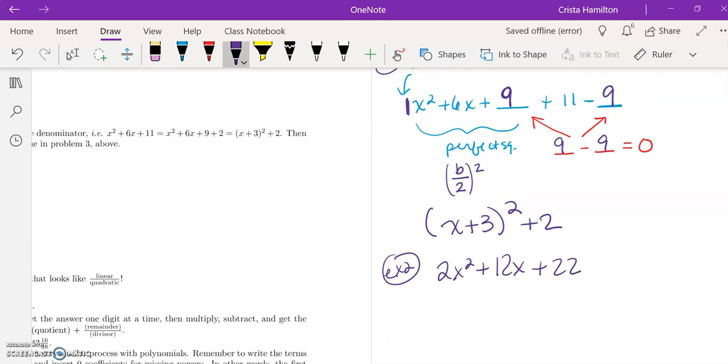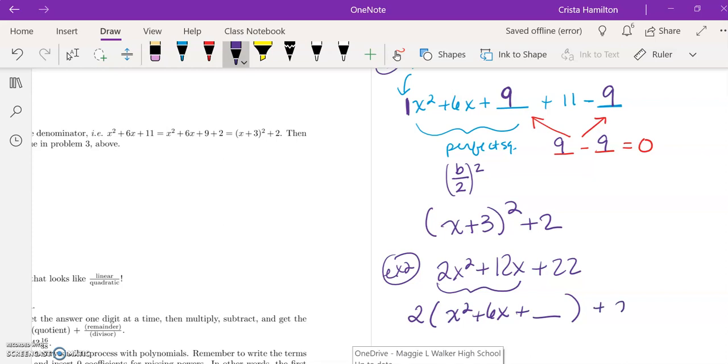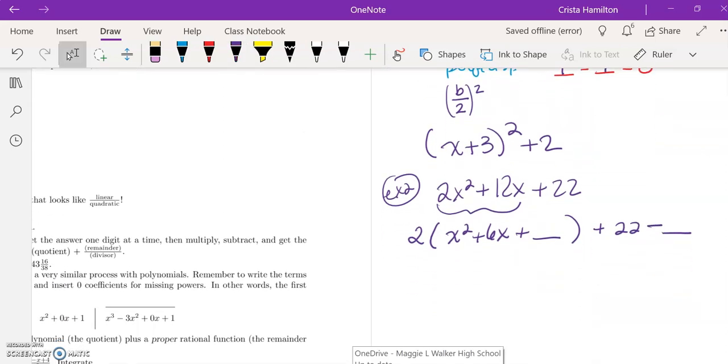We actually don't worry about the 22, but what you are going to do is you're going to take this first set right here. You are going to group them together, but you're going to pull the 2 out. So what's inside does not have a coefficient on the x. And then we're going to do our plus 22 minus over here. So you set it up exactly the same way. You just pull out that 2 over here.